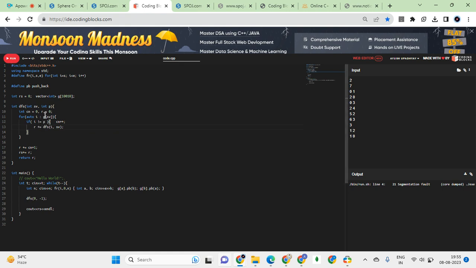For this, these two lines. That should not be an issue. Graph is an issue, man, I think. How can the graph be an issue, man?